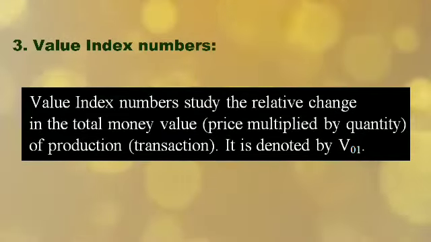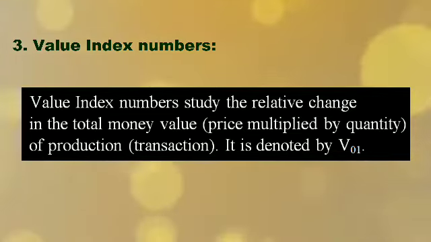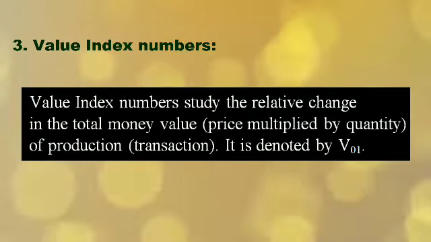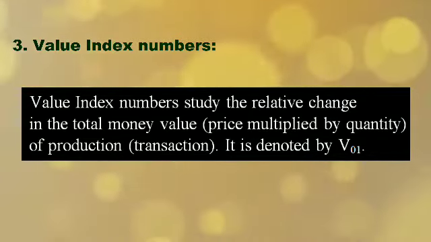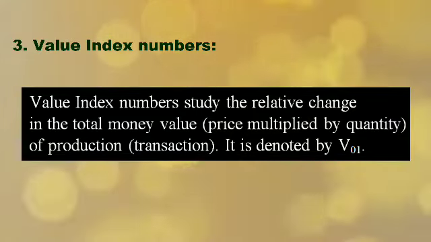Last one, value index number. Value index number studies the relative change in the total money value of production. Value, as you know, is the product of price multiplied by the quantity of the respective goods or items. So here you are finding the change in the value of an item, which is compared between the base and the current year.